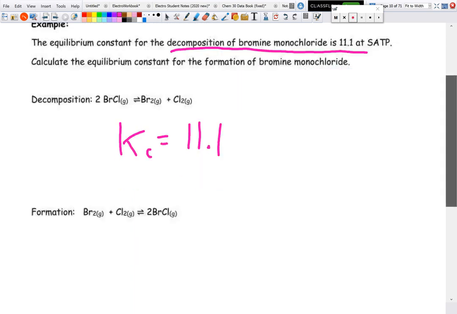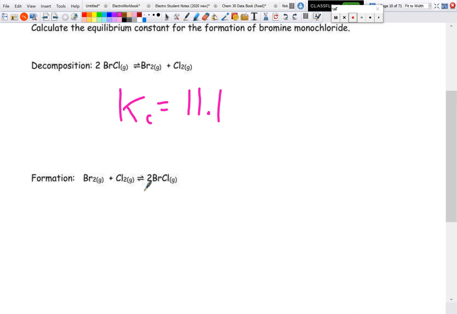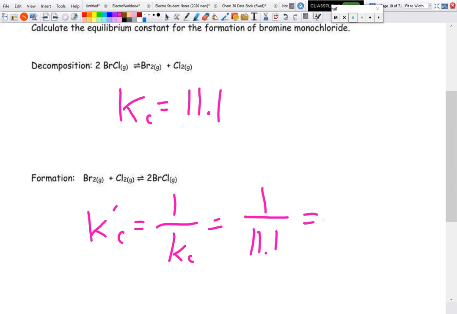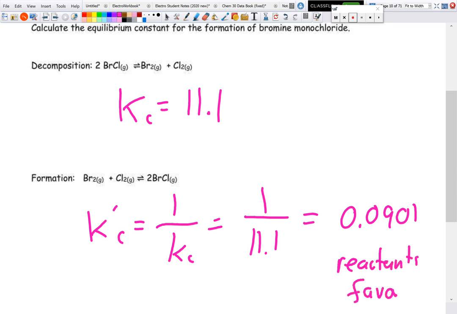Now, if we wanted to look at the formation of bromine monochloride, which is just the reverse right here, K prime c is equal to 1 over Kc, so we go 1 over 11.1, and we get an answer that looks something like this.